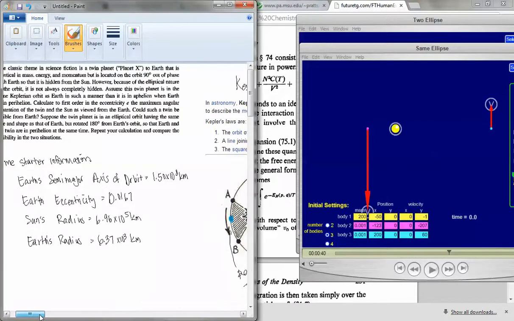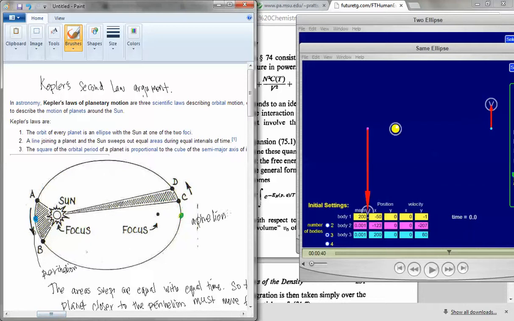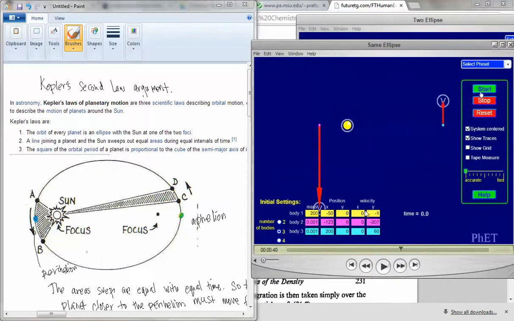All right, cool. Now to do the proof, let me show you what I'm basically looking at in these two problems. In the first one, I'm going to make my planet on the left Planet Earth, and this planet over here the twin planet. This one is at perihelion when this one is at aphelion. That's basically the furthest point of the ellipse as opposed to the closest point of the ellipse.